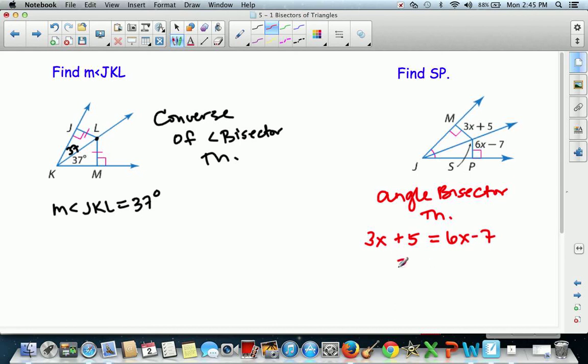When you do so, you're going to get 3x equals 12, x equals 4, but we have to find SP right here. So when we plug that 4 back in, SP is going to equal 17. Again, rewatch this video if you need to. If you need to rewind, please do so if you do not understand how I got that.